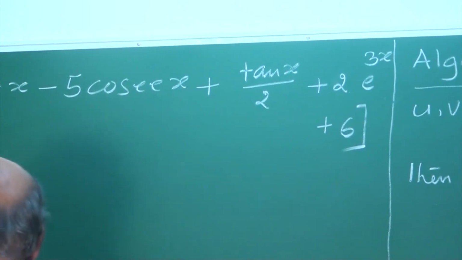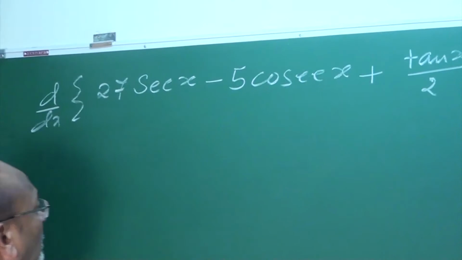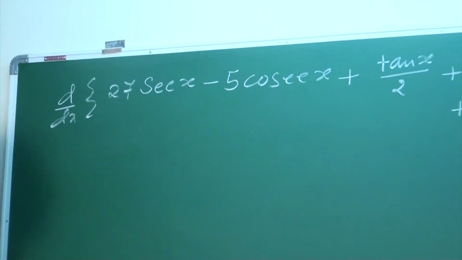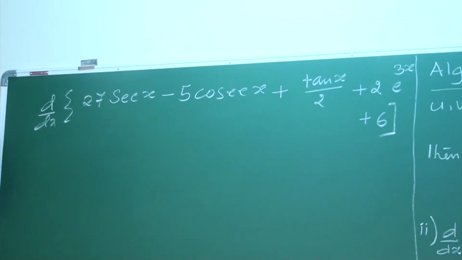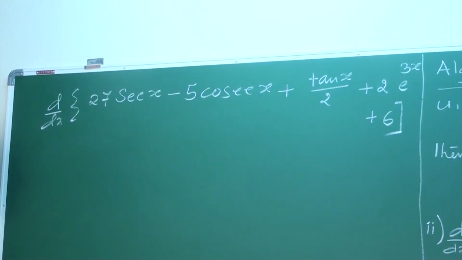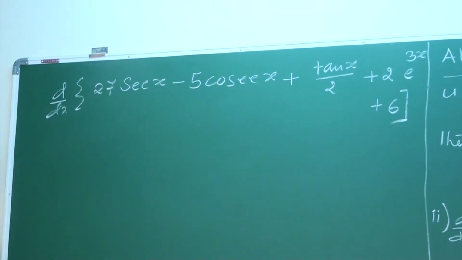Derivative of 27 sec x minus 5 cosec x plus tan x by 2 plus 2 into e to the power 3x plus 6. Yes, friend.